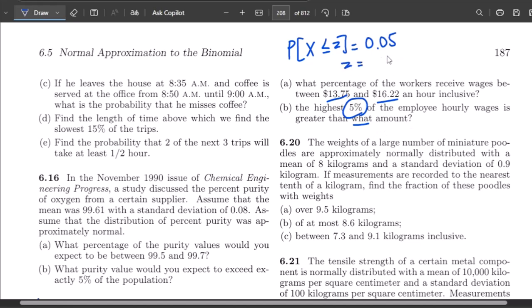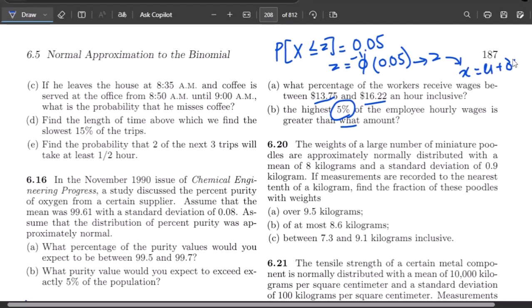First we have to find the inverse of this 0.05. From it we will get the value of z, and from that value we have to find the value of x, which is x equal to mu plus sigma times z, from the same formula which we had previously discussed. So this is for part B.